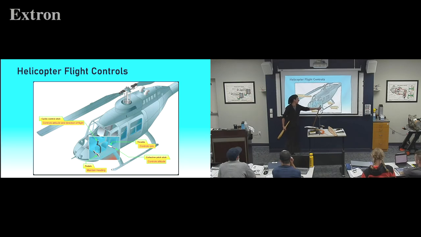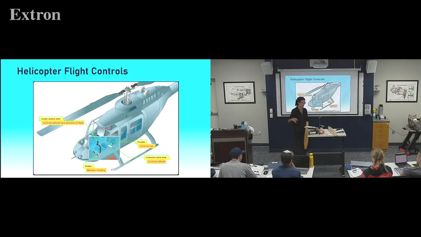Or they call it the pitch stick. The collective is going to control your vertical flight. As you pull up on the collective, you go up; down on the collective, you go down.